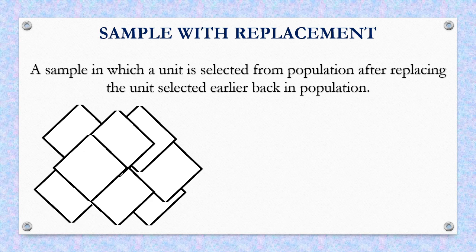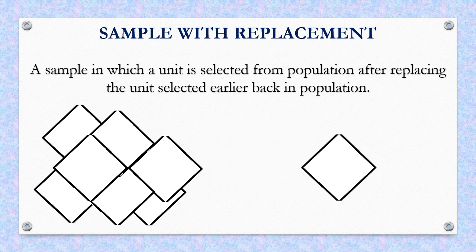Out of the population of 10 chits, I am selecting one chit, reading the number written on it, and then replacing it back into the stack of chits. That means I have replaced my sample in there, and then I am going to select another chit. I am going to keep on doing this until the number of samples I am supposed to select are selected.